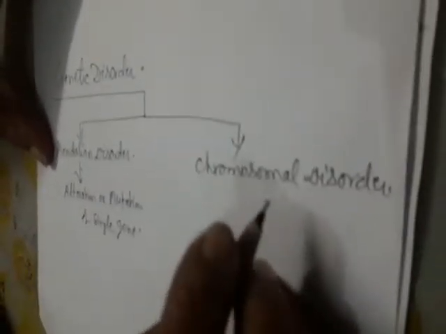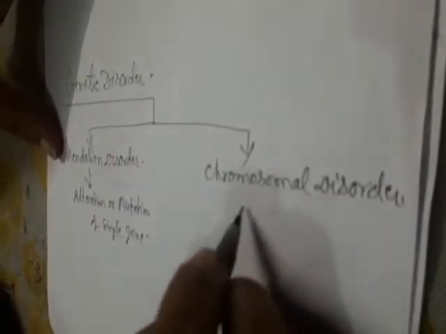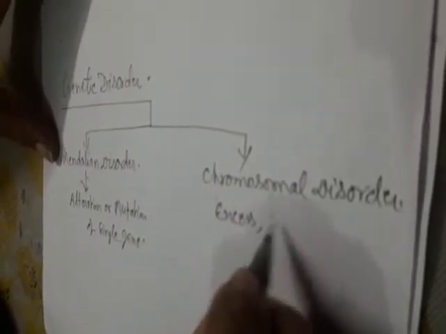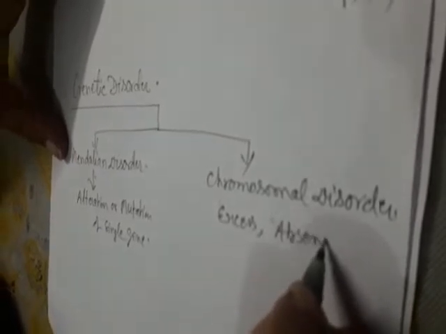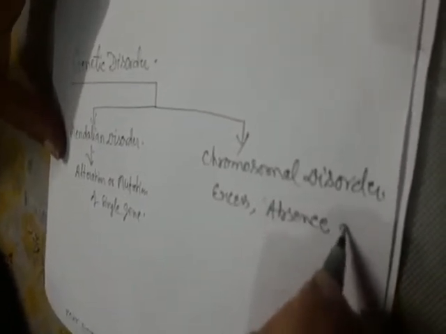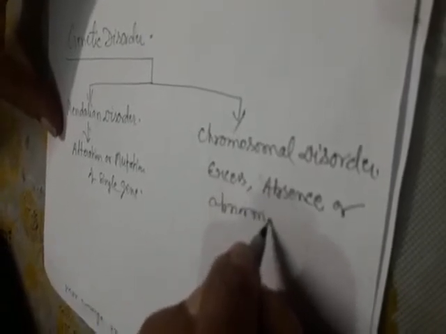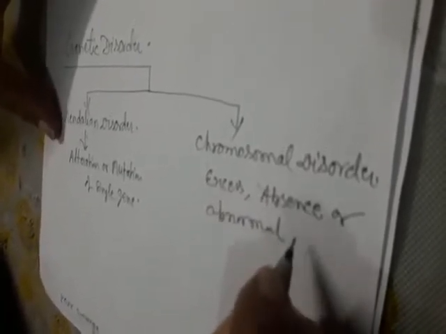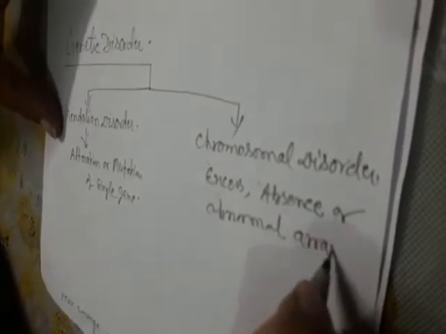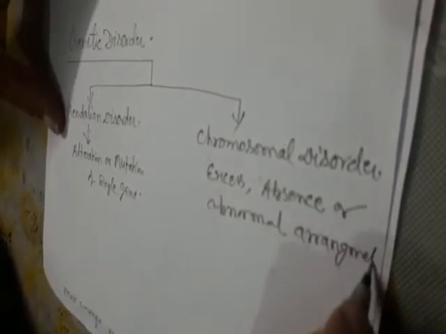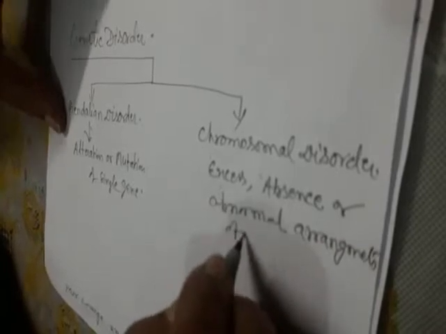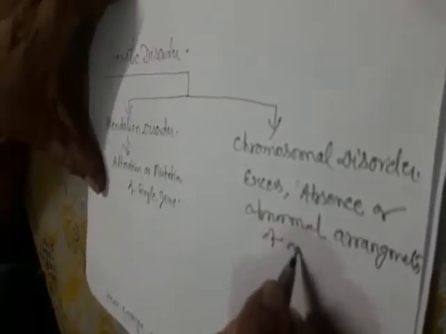Chromosomal disorders occur due to excess, absence, or abnormal arrangements of one or more chromosomes.